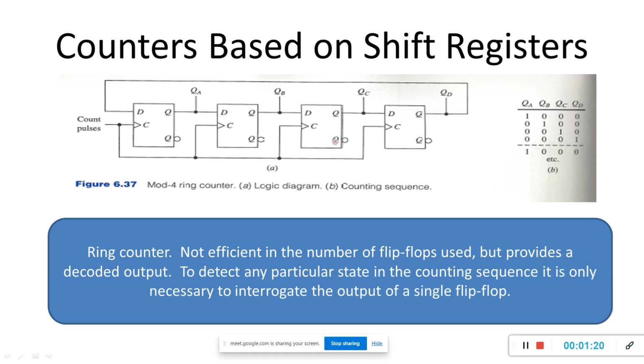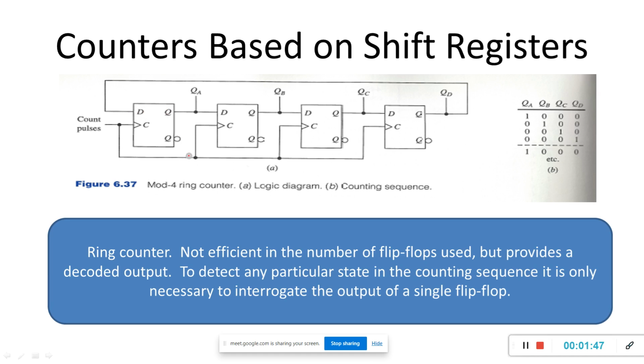Now, how does this ring counter count? Initially, we have to set one of the flip flop outputs as 1 and all others as 0. By seeing this logic diagram, we can see that QD, the last flip flop output, is connected back as an input to the first flip flop, QA.